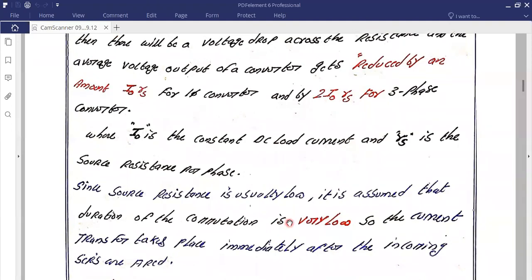Second thing is going to be due to the source inductance. Whenever you consider the source inductance, it is going to have a major effect over the switching of the devices.